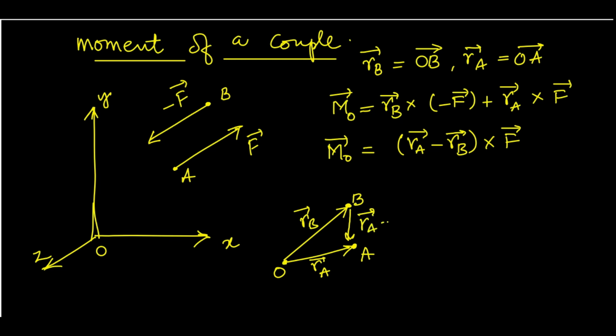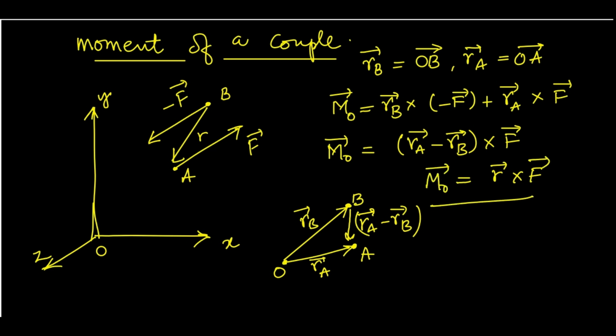So this vector is going to be RA minus RB. That will be your F. This is the moment of a couple.